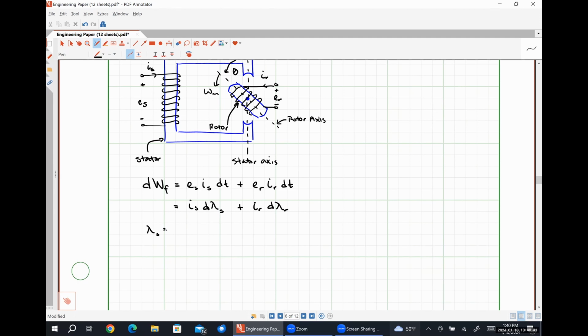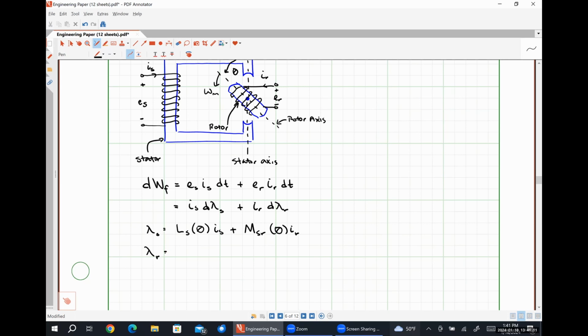So our flux linkage for our stator is going to be the self-inductance of our stator, which depends on the value of our angle theta, times IS, plus the mutual inductance between our stator and our rotor, also dependent on angle theta, times IR.